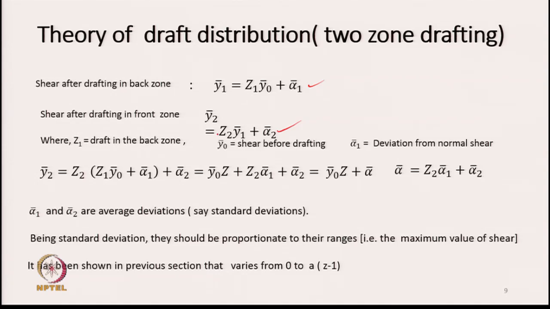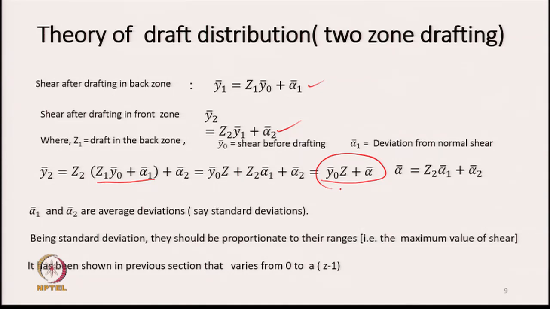So y2 bar is the shear after drafting in the front zone. In the y2 bar equation, if we replace y1 bar as shown in these equations and simplify it, then we can see that y2 bar is going to be y0 bar Z plus alpha bar, where Z is Z1 into Z2, the multiplication of Z1 and Z2.